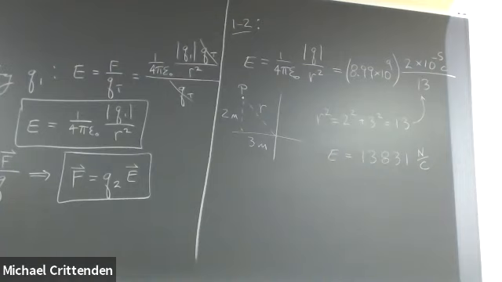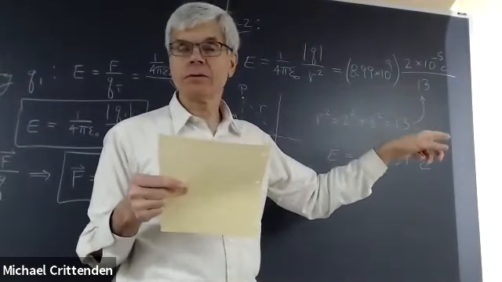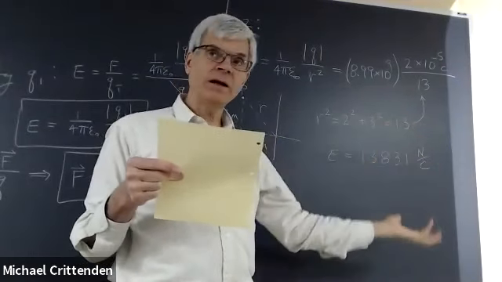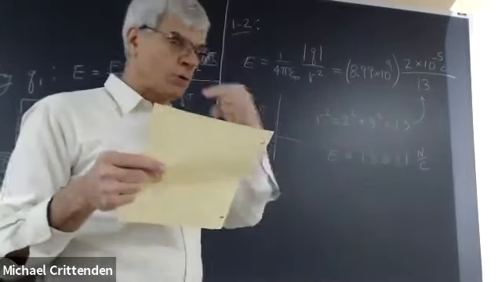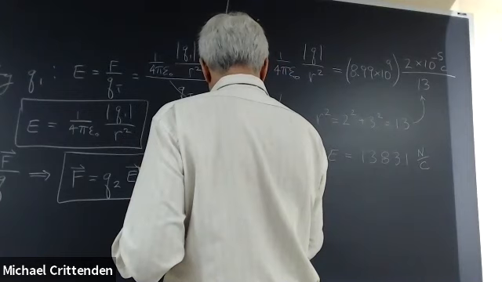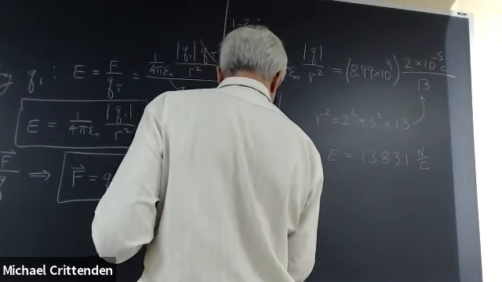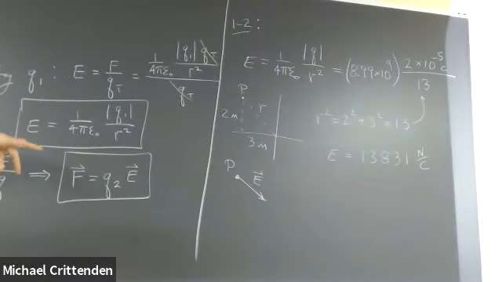Now, as for the direction, the electric field is the direction of the force on a positive charge. A positive test charge would be attracted to a negative 20 microcoulombs. In general, field lines point away from positive charges because positive repels positive. Field lines point toward negative charges. So if point P is there, the direction of the electric field is something kind of like that.